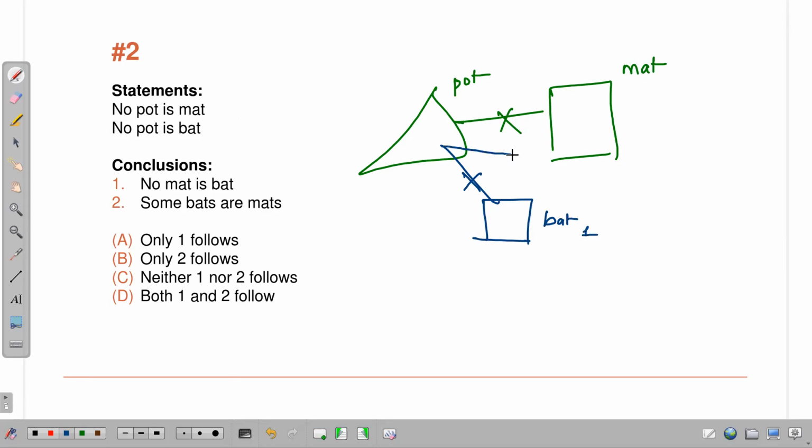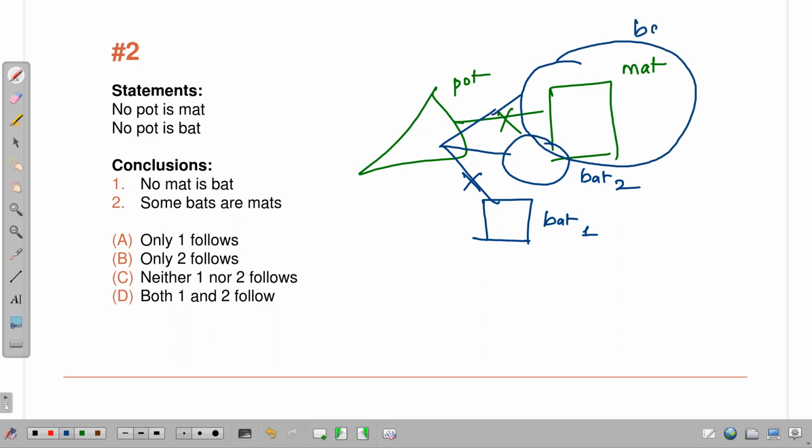There is also one possibility of the bat that can be like this, and one other possibility of the bat which can be like this. Now pot is not supposed to touch bat, but bat can touch mat. There is no relationship told between bat and mat, so we have to consider the possibilities.